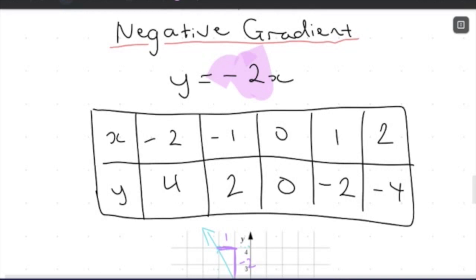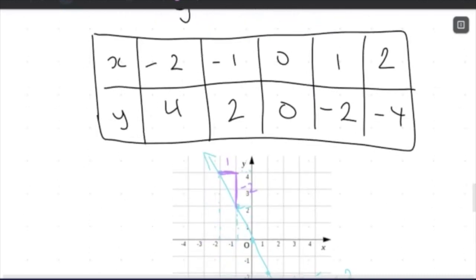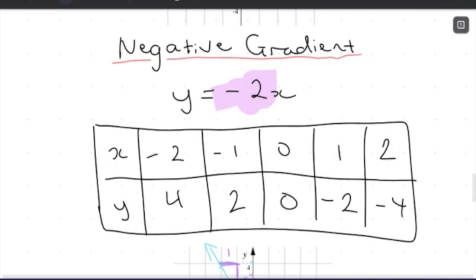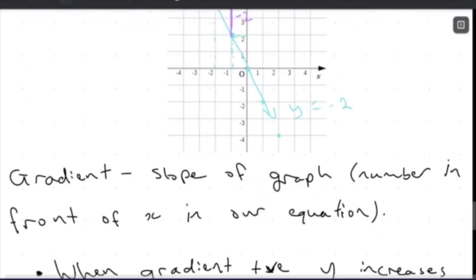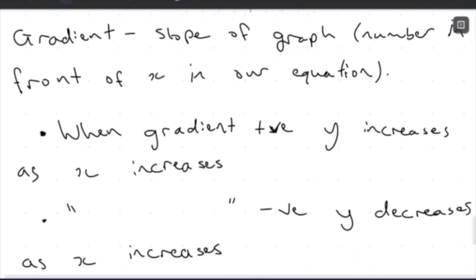We ran through a bunch of examples, and we also now know that the sign of this number, this gradient, whether it's positive or negative, affects it in another way. It tells us whether there is a positive relationship between the two variables, which is as one goes up, the other goes up, or whether we have a negative relationship between these variables, which is as x goes up, y goes down. And this is what I've pretty much summed up here.